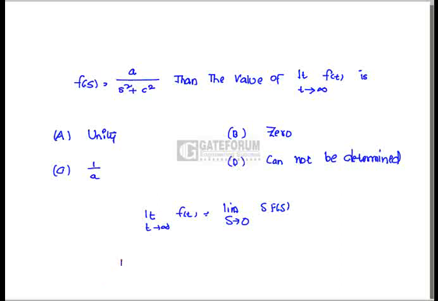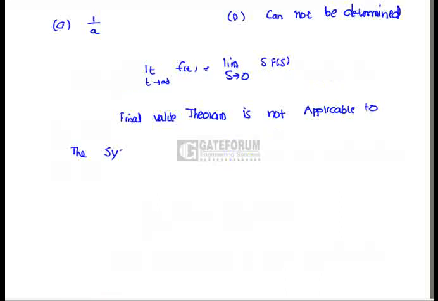That means the final value theorem is not applicable to systems whose poles lie on the j omega axis or the right half of the s plane.